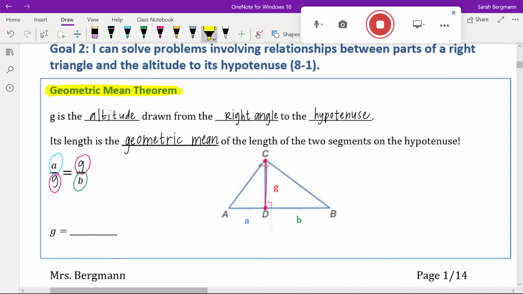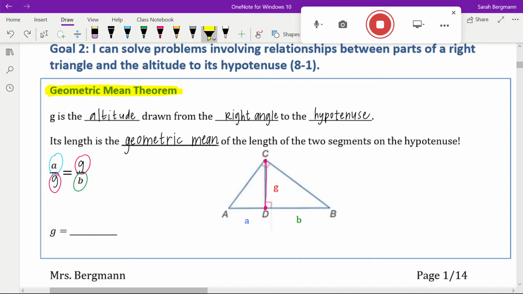So in this triangle, triangle ABC, the right angle is angle C. So I have to start the geometric mean, the altitude, from point C, and it goes to the hypotenuse, which is AB, the opposite side. So the altitude that I'm talking about is that one.